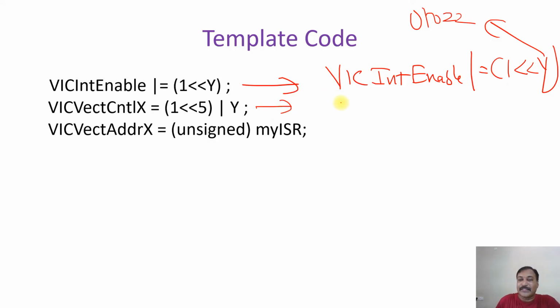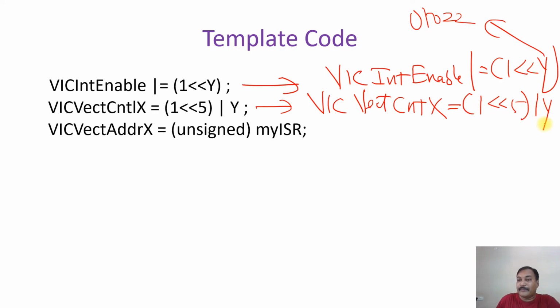Then I have to assign the vector interrupt control register with the corresponding interrupt source. So vector interrupt controller vector control x is assigned 1 left shifted by 5 or with y. 1 left shifted by 5 means you are making the enable bit a 1.